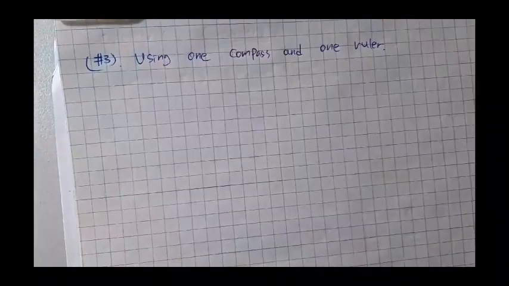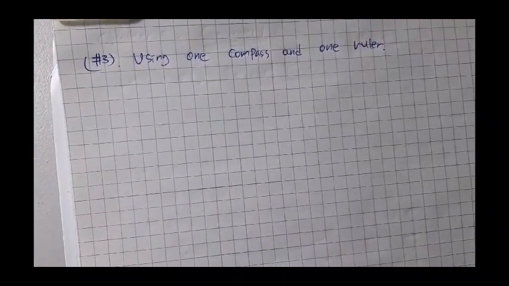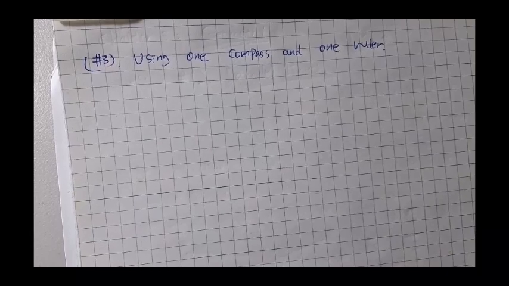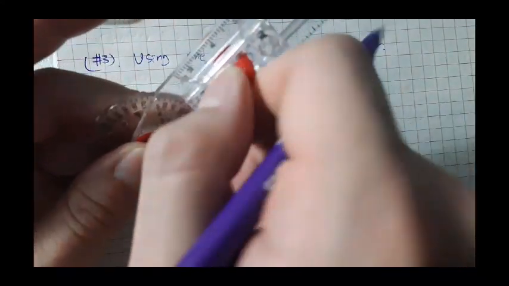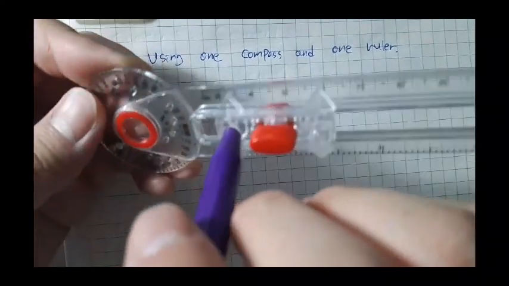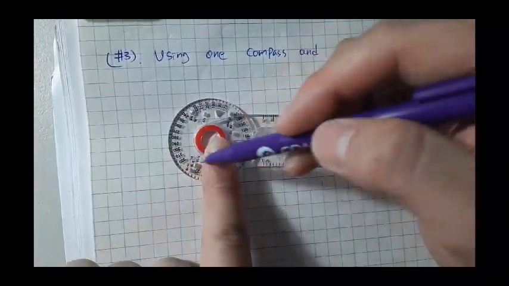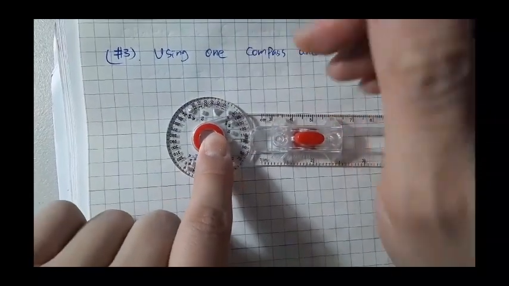If you don't have a compass, honestly, a coin works too. So I'm gonna explain either situation. Now, I'm going to use my compass, but yeah, it should work. This is not a good quality one, so I may just use this circular one, to be honest with you.